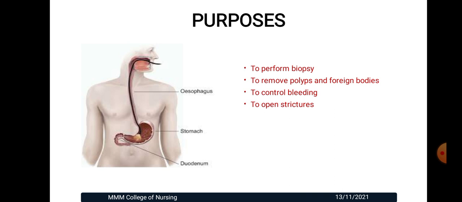Purposes: to perform biopsy, to remove polyps and foreign bodies, to control bleeding, to open strictures.